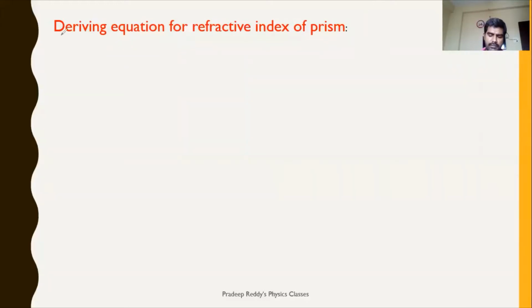Students, in the previous lecture, we have discussed how to find out the refractive index of the prism, and we have even learned the angle of minimum deviation also.